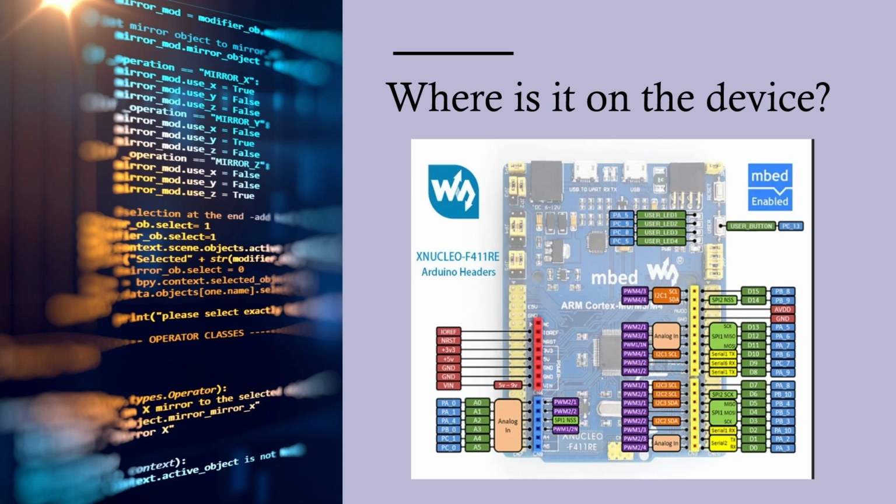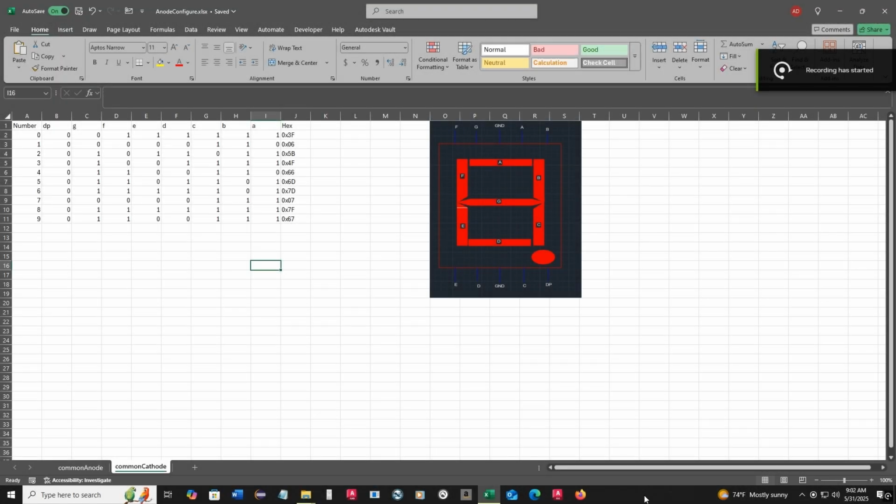You can use these too. You can use PA5, you can declare that. So analog in, there you go.